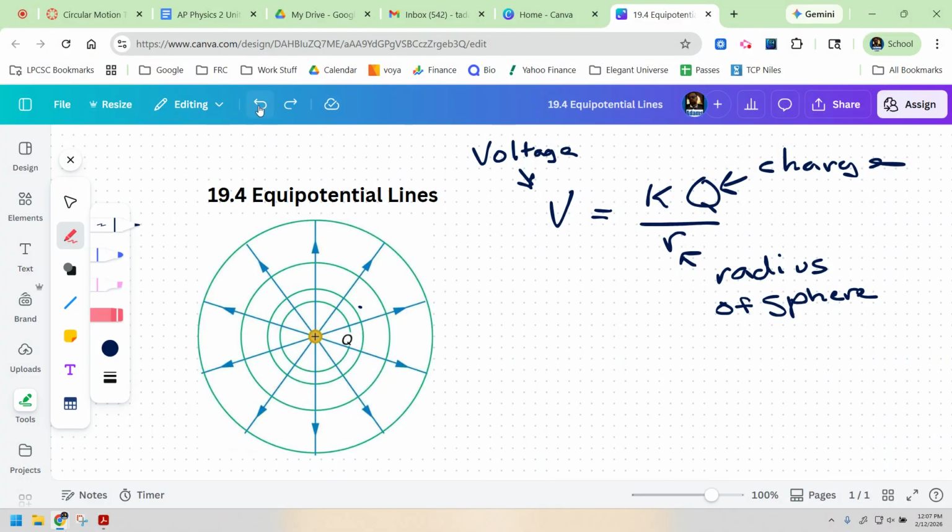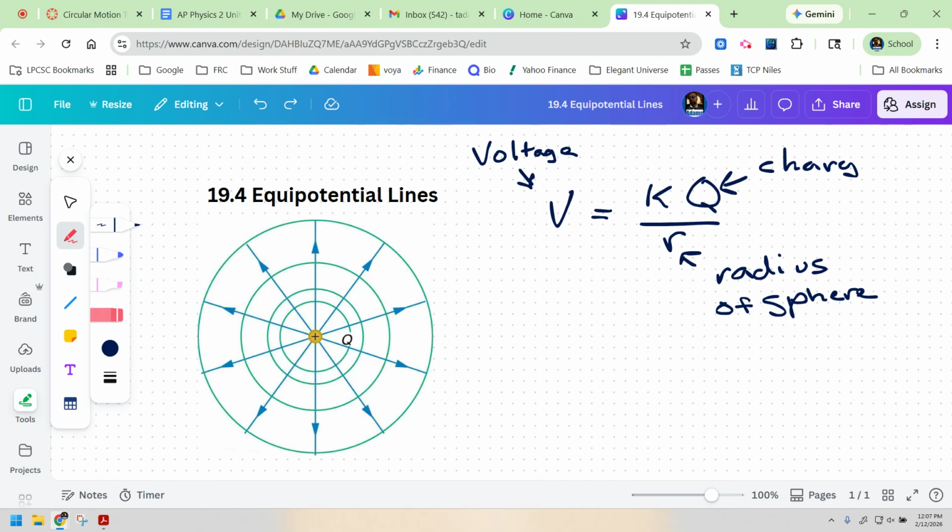Does that kind of make sense? That's why they're called equipotential lines. And so an equipotential sphere is a circle in a 2-dimensional view. The way we draw it on paper is the same. So you could imagine this is actually a sphere, right? And we're just looking down through a cross-section of the sphere, okay?